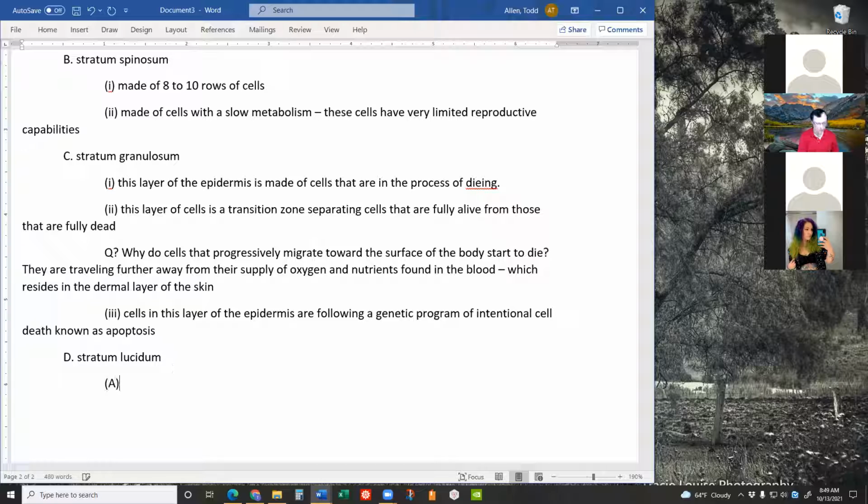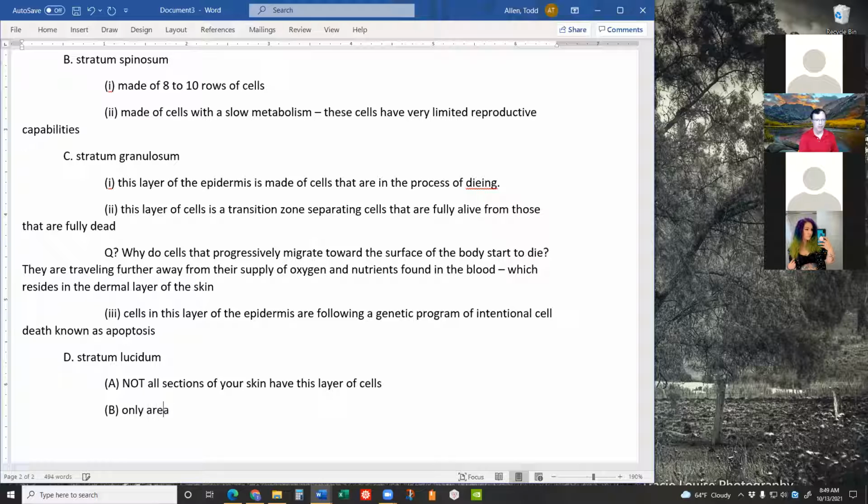Okay. The first thing we would say is that the stratum lucidum is only going to be found in areas of the skin that are exposed to physical abrasion and friction. So not all sections of your skin have this layer of cells.